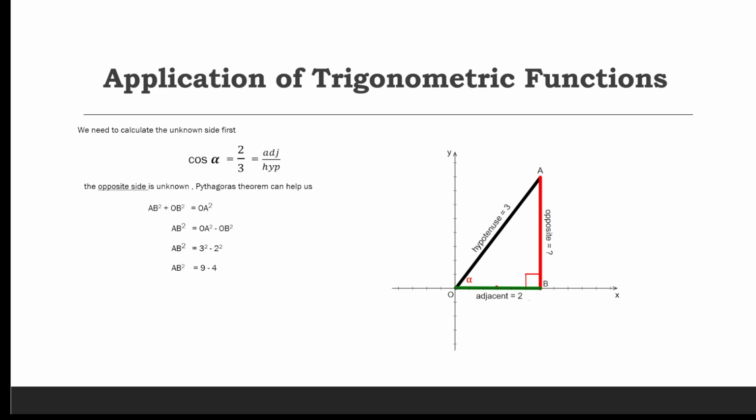Applying our knowledge of exponents, we get that AB squared equals 9 minus 4, and the difference is 5, so AB squared equals 5. Then finally we get that AB is equal to the square root of 5. Therefore, our opposite side is root 5 units.